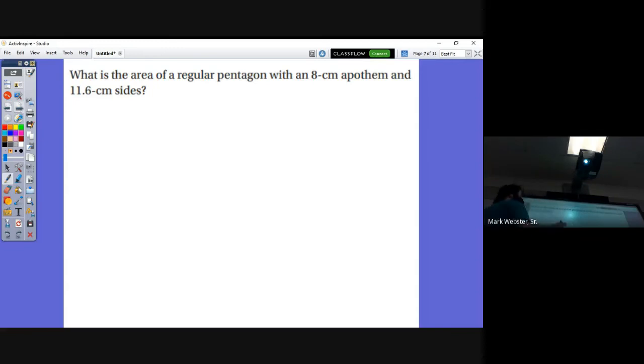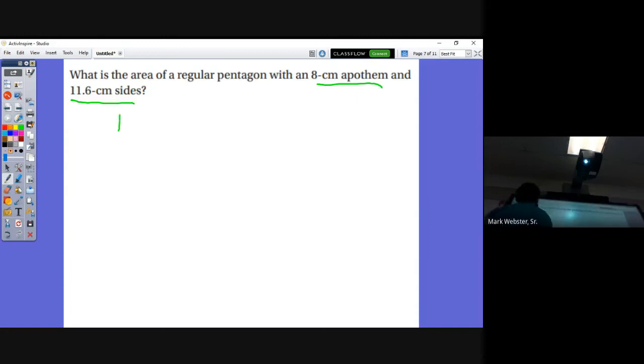Because again, my brain has trouble, I'd rather just figure out one of the triangles and then times 5. So we know that the base of the triangle is going to be one of those sides, and the height's the apothem.